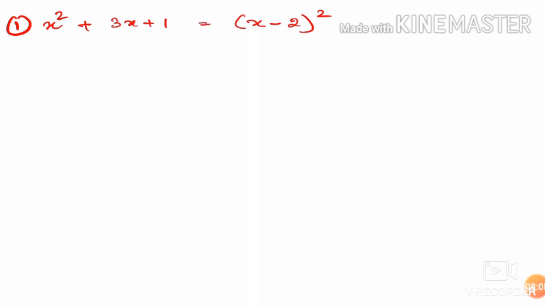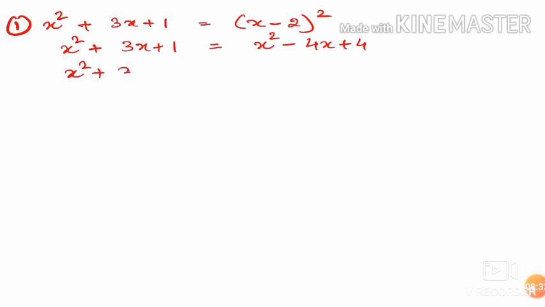So let's simplify this. x square plus 3x plus 1 is equal to, expand the right side of the equation, a minus b the whole square, so this will be x square minus 4x plus 4.